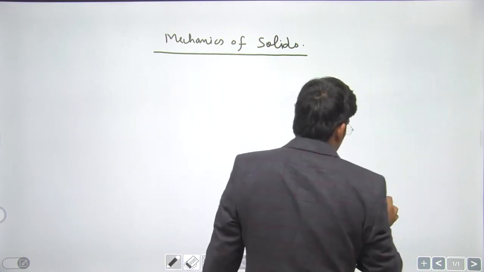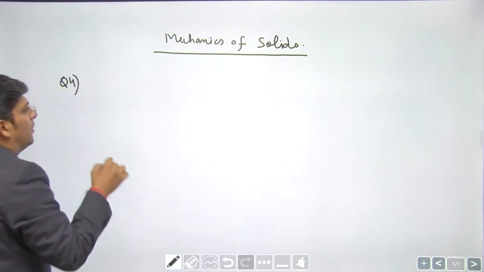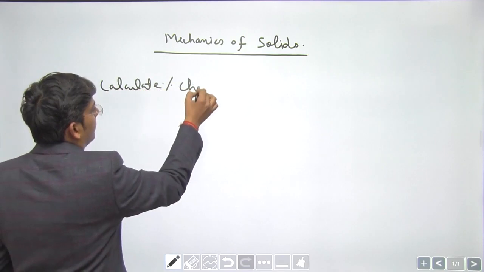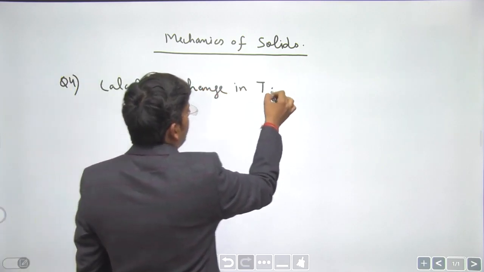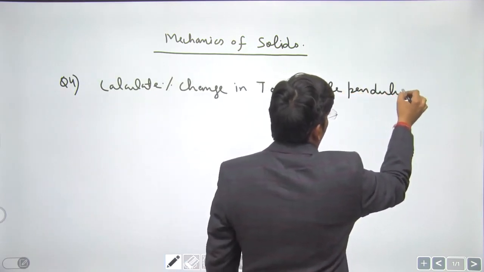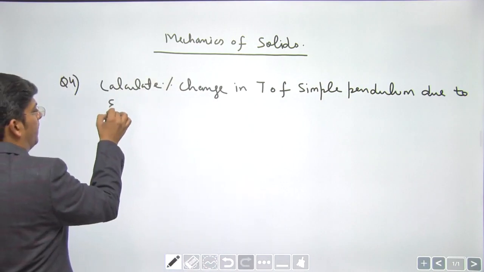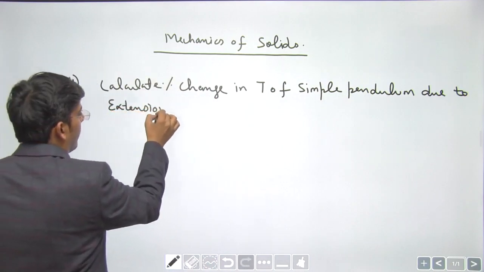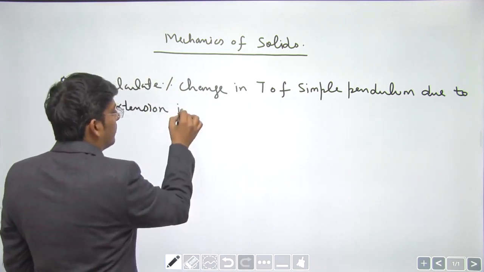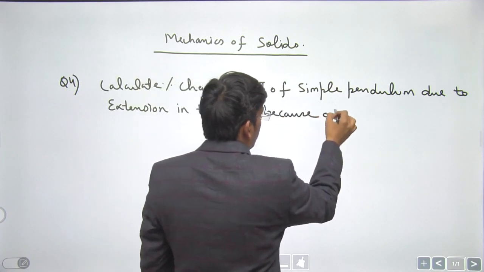Let us do another question. The next question says, calculate the percentage change in time period of a simple pendulum due to extension in the wire because of the weight of the bob.